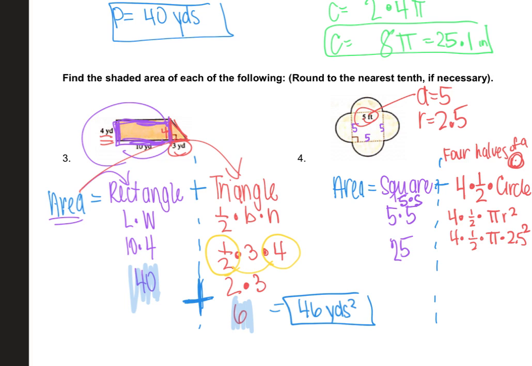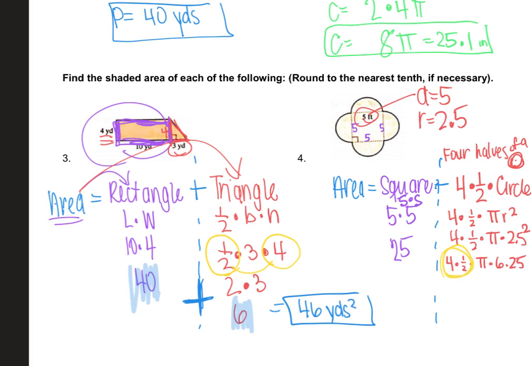That's a long one. So first I'm going to do my exponent, and 2.5 squared is going to give me 6.25. Now I can figure out what I'm doing here.